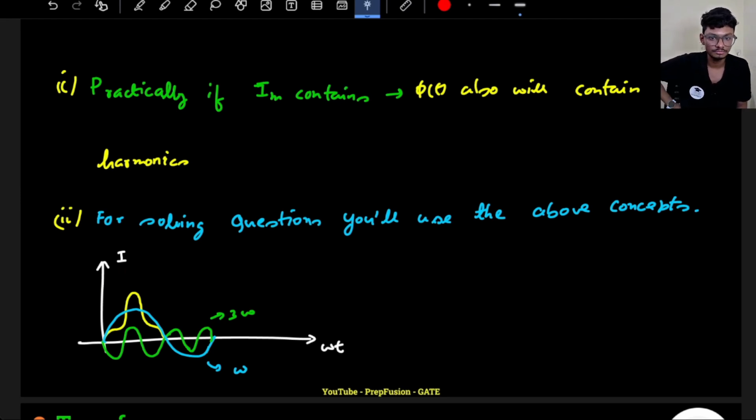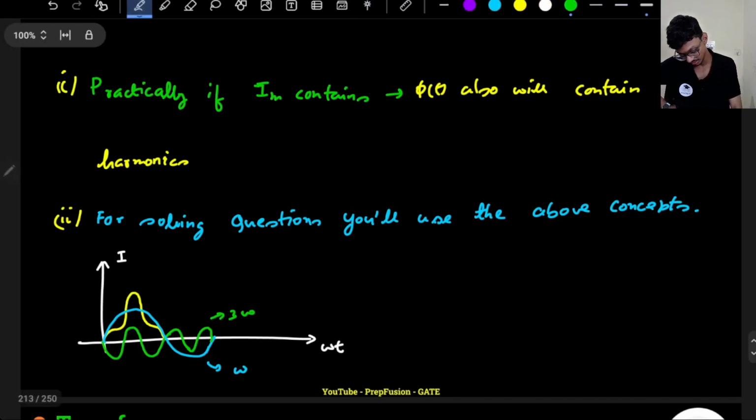So in this case, third harmonic current flows. This is third harmonic current.